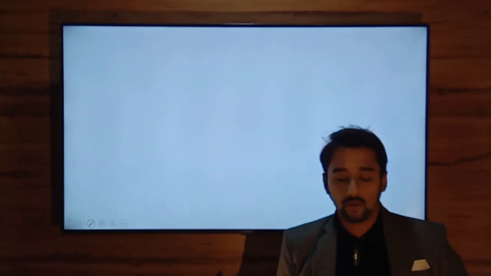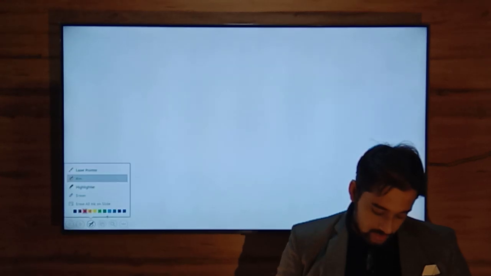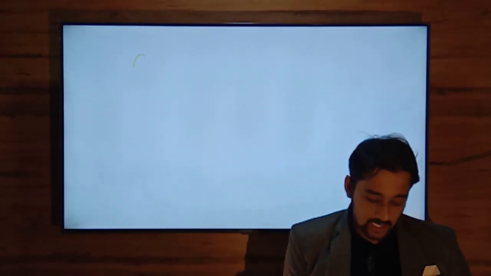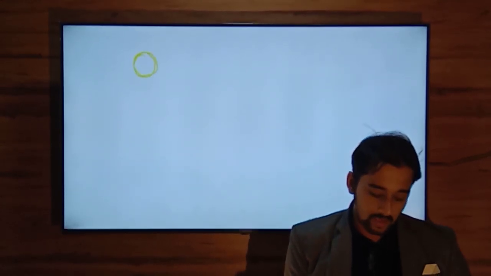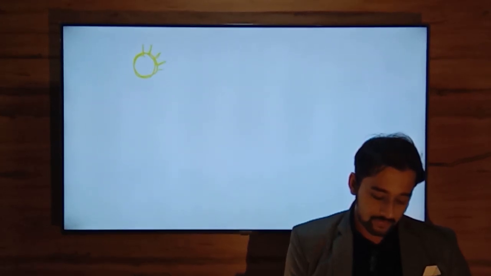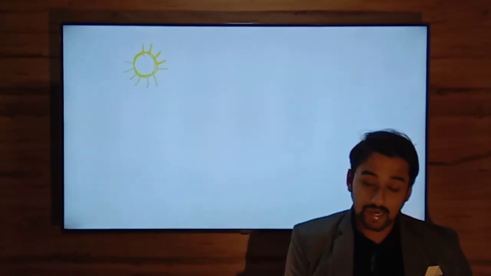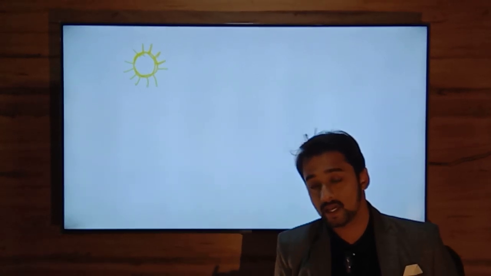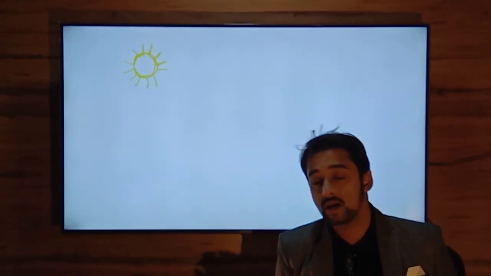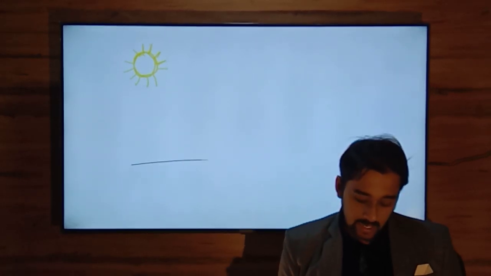Now, a quick small concept. Whenever we have the sun in the atmosphere during the daytime, depending on the season, latitude and topography, our land will be heated by it.